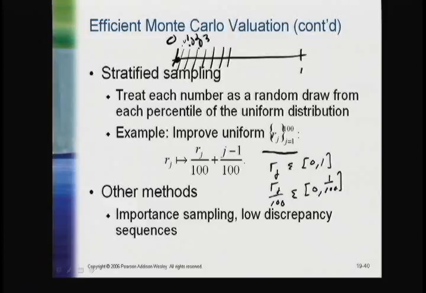So with j equal 1, that second term does nothing. Then I take R2, I do the same thing. I divide it by 100 and add 1/100th. That puts it in the second interval. I take R3, divide it by 100, add 2/100ths. That puts it in the third interval.